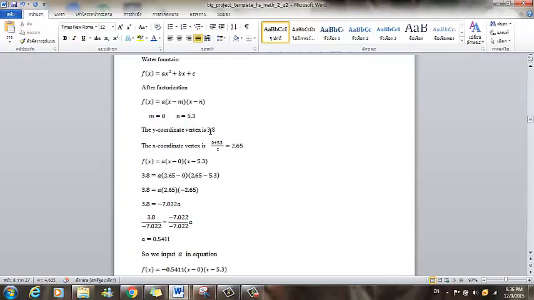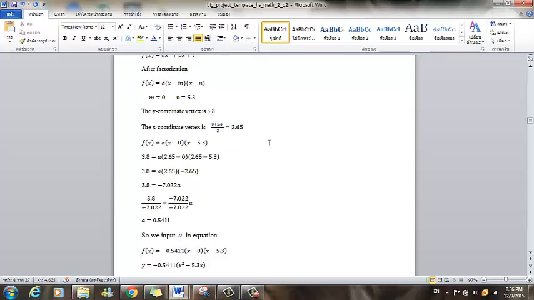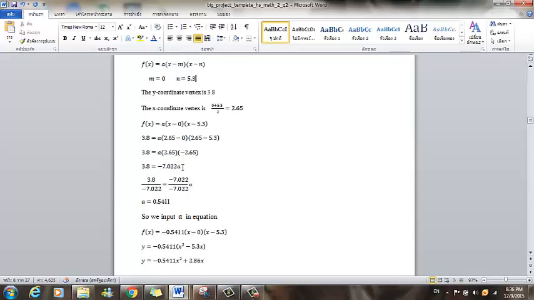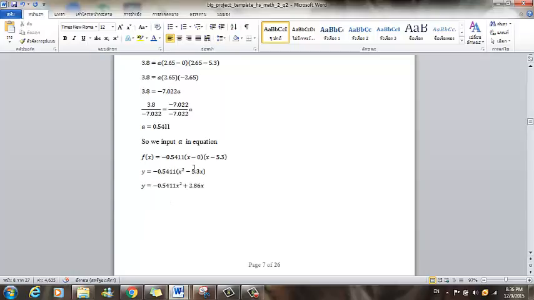So the y coordinate of the vertex is 3.8 and the x coordinate of the vertex is 2.65. Now we input everything in the equation and simplify, and we get this. We add to both sides and divide, and we're gonna get a on one side, and we get our answer.